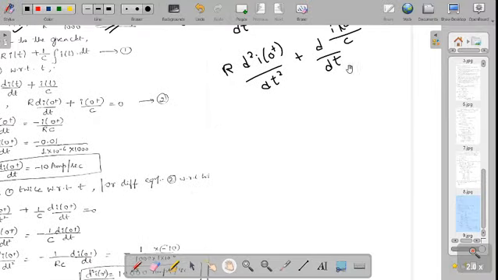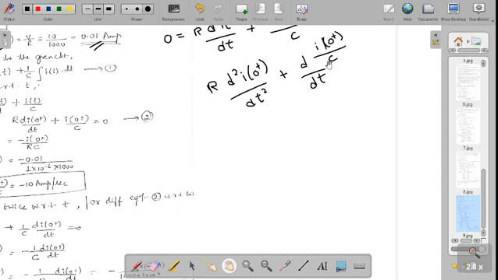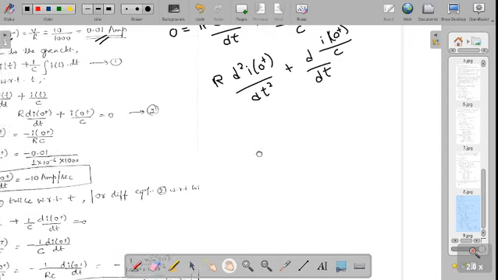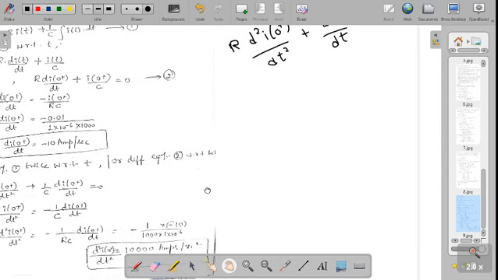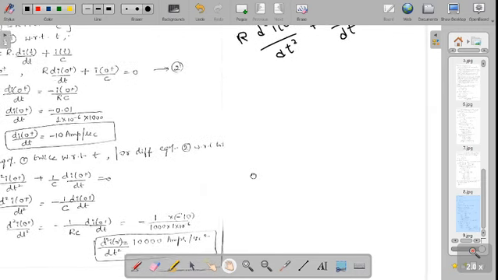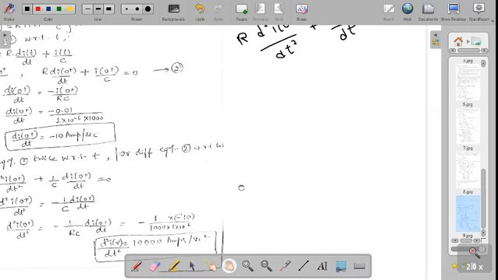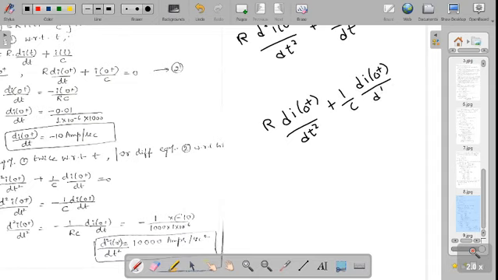Okay, what happens? The capacitance, 1 by c, is constant, so I'll be taking this here. Okay, I'll be taking this as R into d square I of 0 plus divided by dt square plus 1 by c into derivative I of 0 plus divided by dt will be equal to 0.